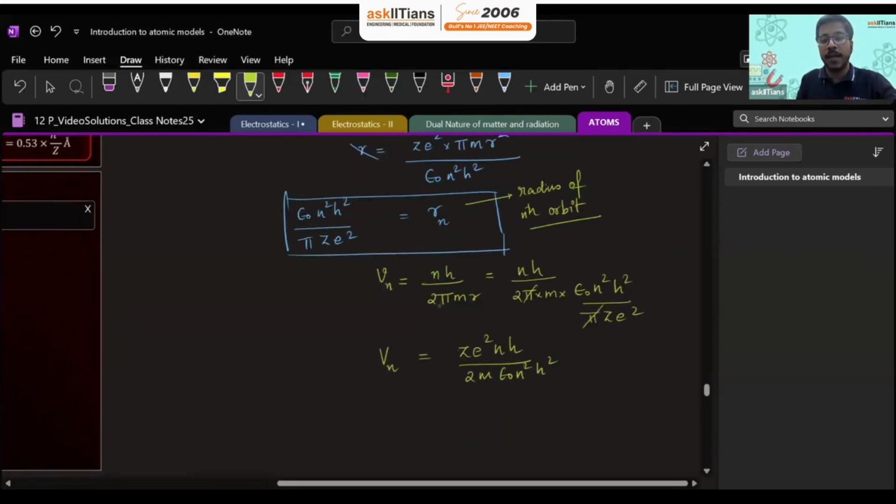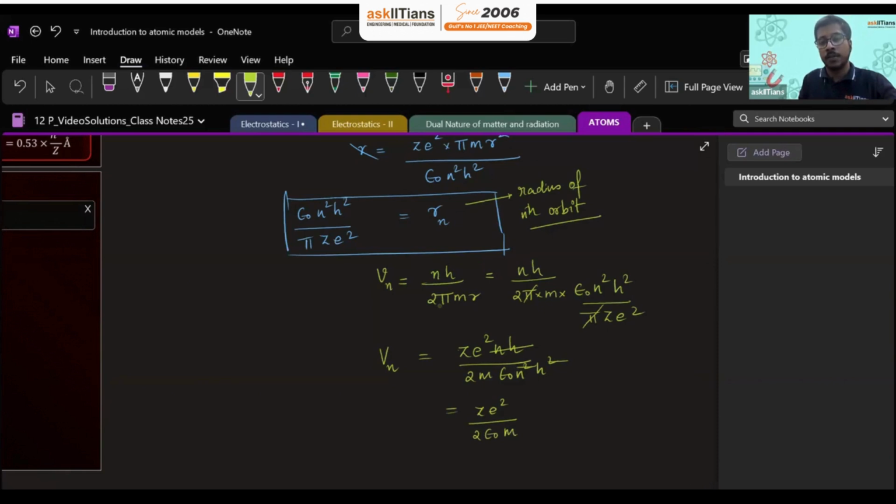So we can do some calculations over here. nh cancelled. So this is z e square by 2 epsilon naught m nh. This is the velocity of the electron in the nth orbit.